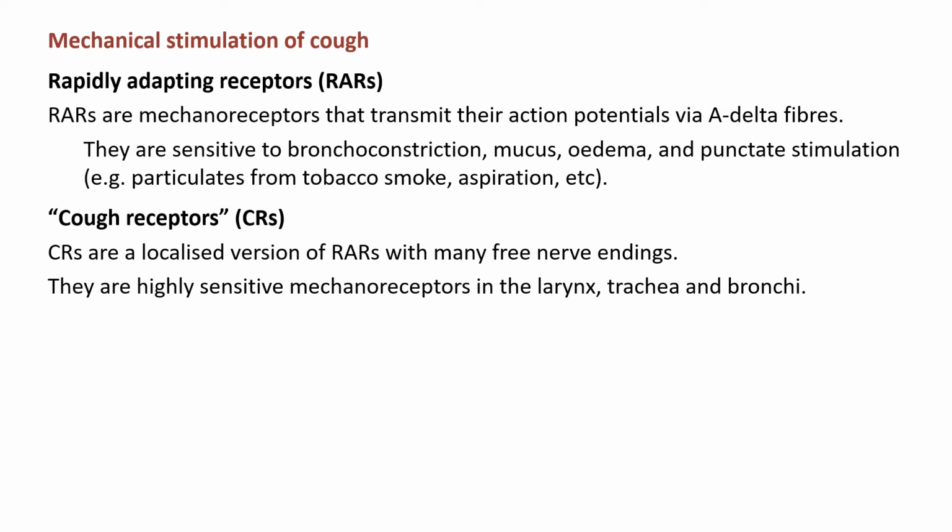They are sensitive to bronchoconstriction. And you can see what's happening here. Hang on. We just had C fiber receptors that caused bronchoconstriction. And now we've got rapidly adapting receptors that are actually going to make us cough because of that bronchoconstriction.